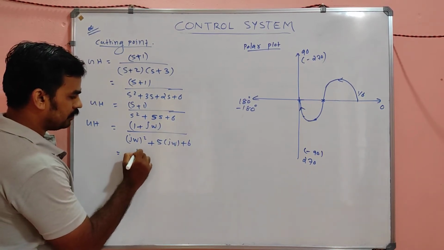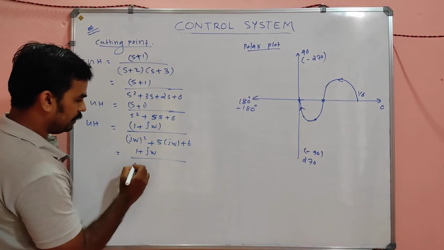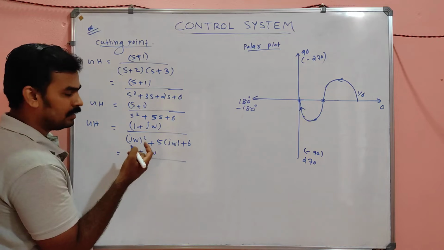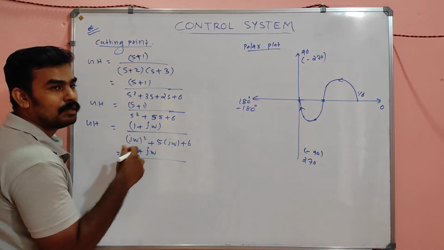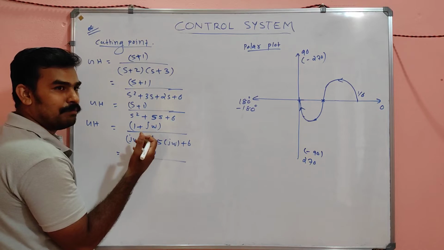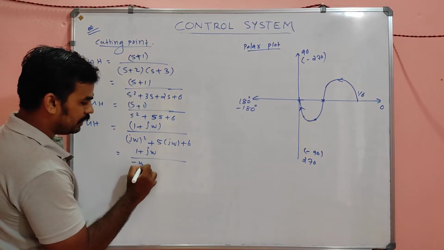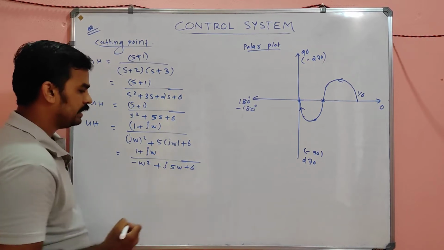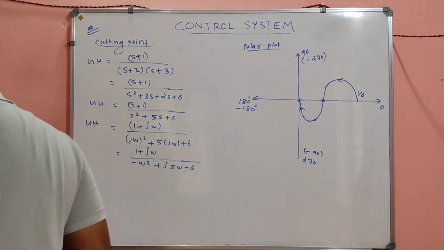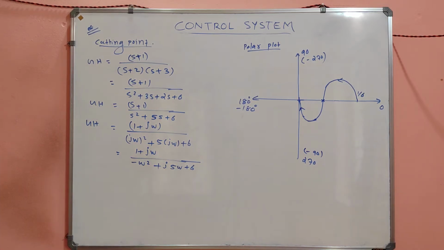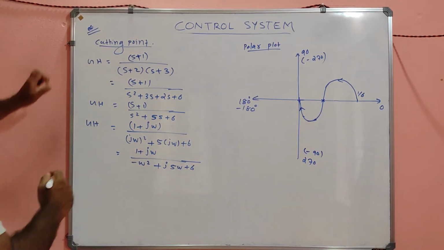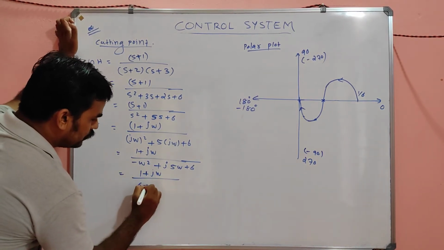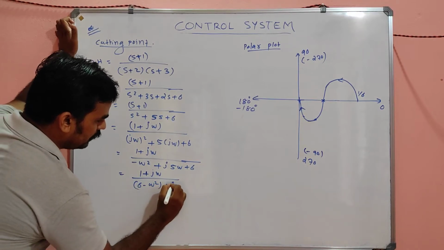Simplifying further, j square is minus 1, so j omega square means minus omega square, plus j into 5 omega plus 6, correct na? So simplifying again, it will become 1 plus j omega whole divided by 6 minus omega square plus j into 5 omega.